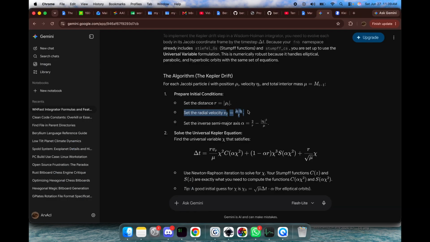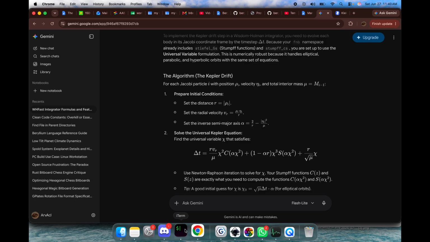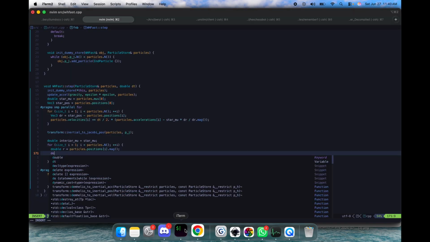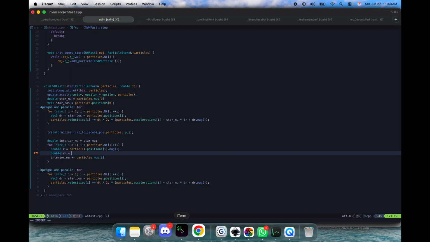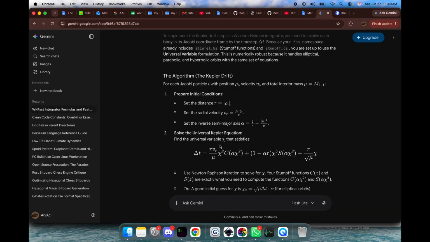Set the radial velocity to equal this. Double VR should equal particles dot positions index i times particles dot velocities index i divided by R. Then we set the inverse semi-major axis.